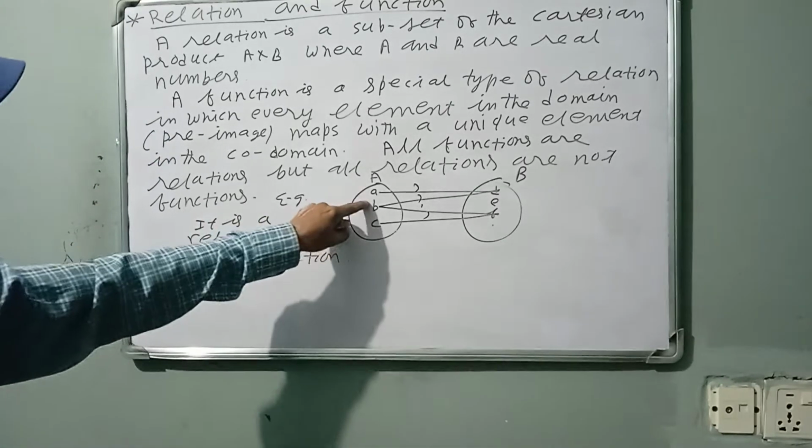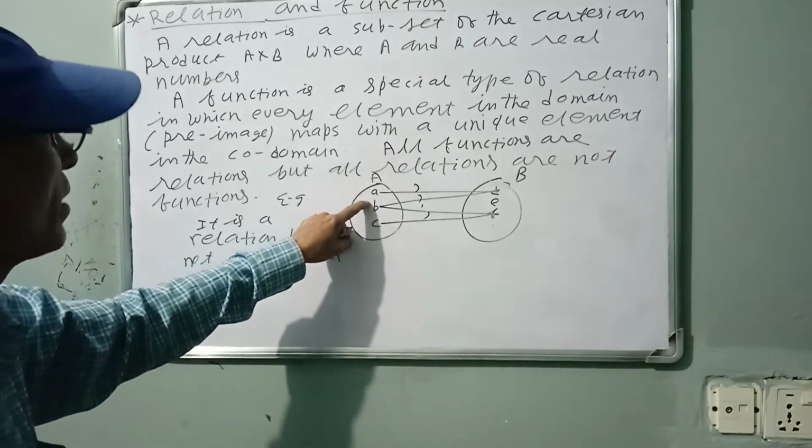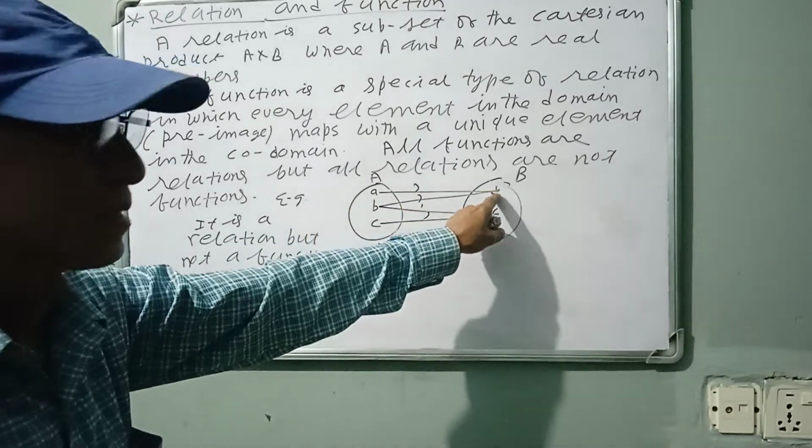Why? Because the element B in the domain has two elements.